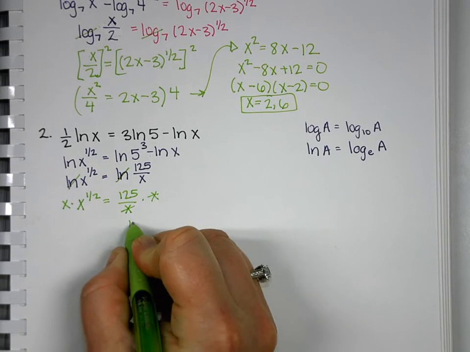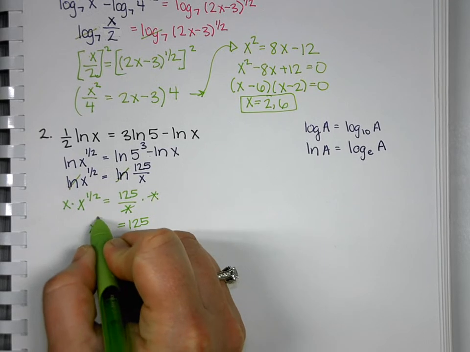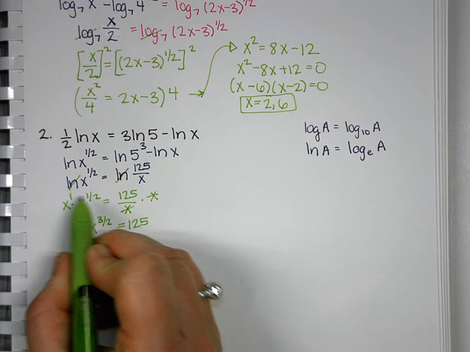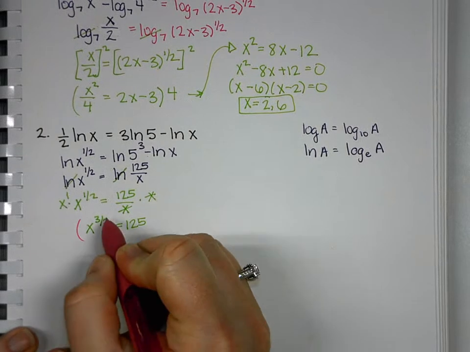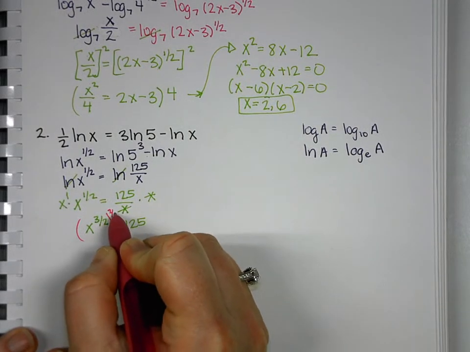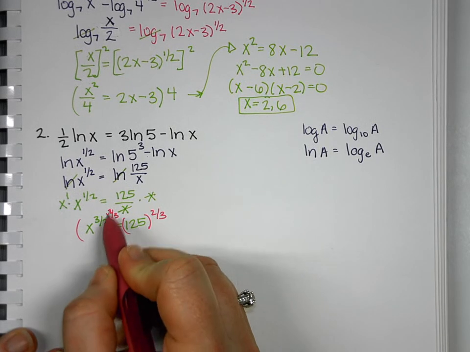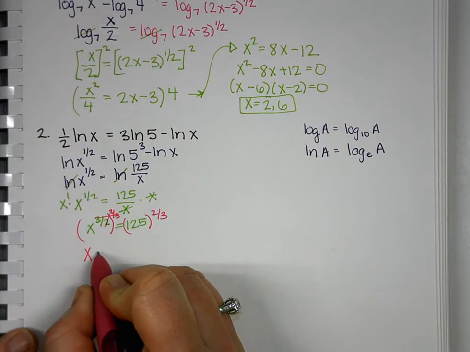So I have 125 on the right and x to the 3/2 on the left, because that's a 1 and I'm adding my exponents, so 1 plus 1/2 is 3/2. And then we have to figure out, how do we get rid of that exponent or move it to the other side? If we raise both sides to the 2/3 power, the exponents on the left will cancel, giving us just a 1. So we have x to the first.